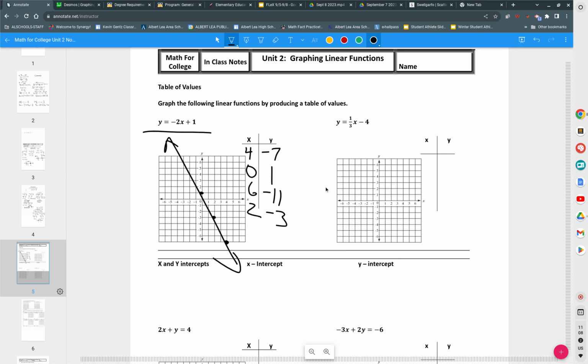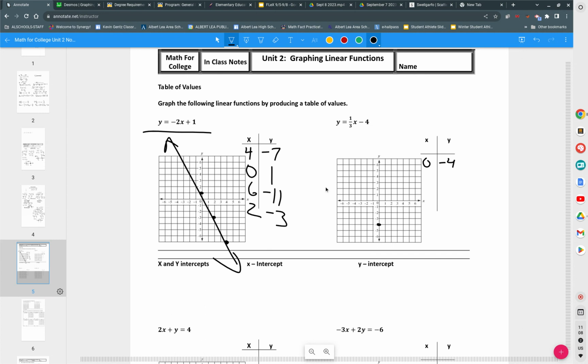For this next one, again, 0 is a great number to plug in. If you plug in 0, what do you get for an output? -4. Go 0 and -4. Now, I'm going to plug in a number, but notice I have a 1/3. It's tough to multiply things by 1/3, but any number divisible by 3 is great.